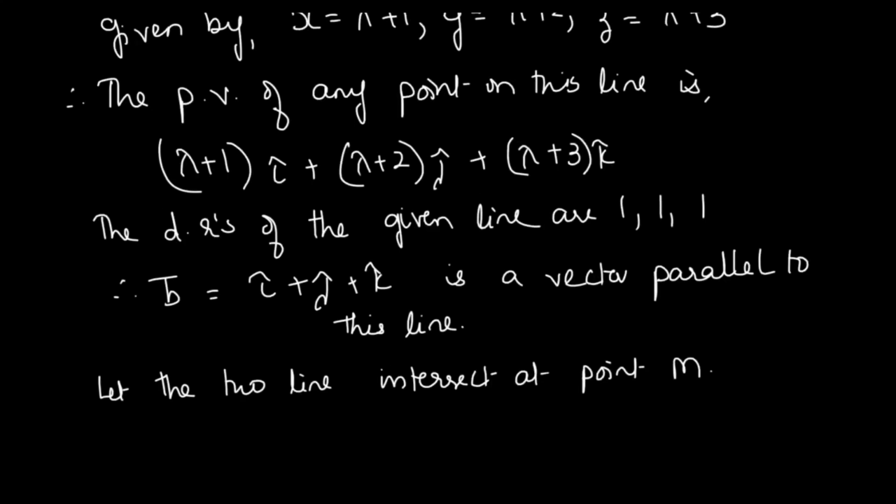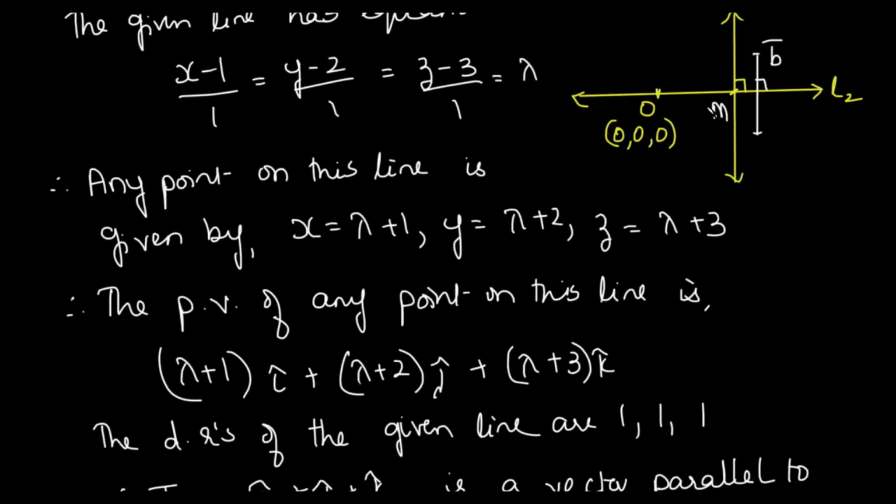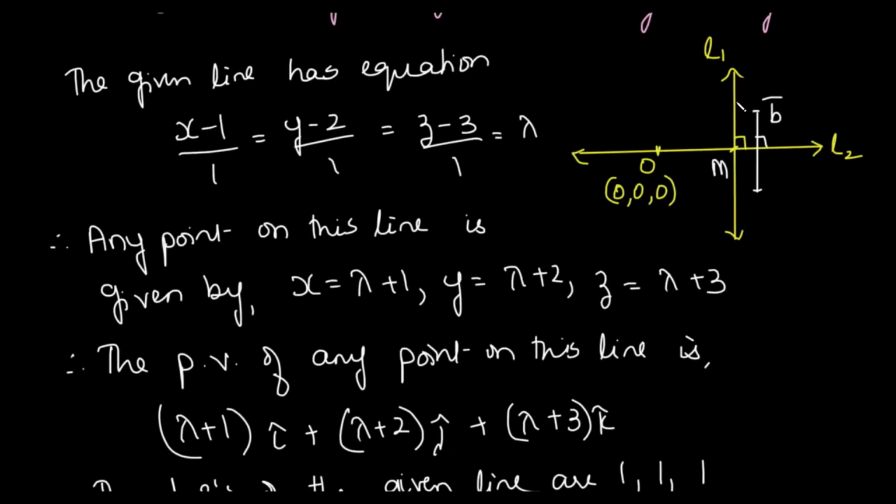Now, as you can see in the figure, M is a point on L2, M is also a point on L1. M is a point on the required line as well as the given line. So, since it lies on the given line, the coordinates of M are given by this particular vector, that is lambda plus 1 i plus lambda plus 2 j plus lambda plus 3 k. This is the position vector of M bar.